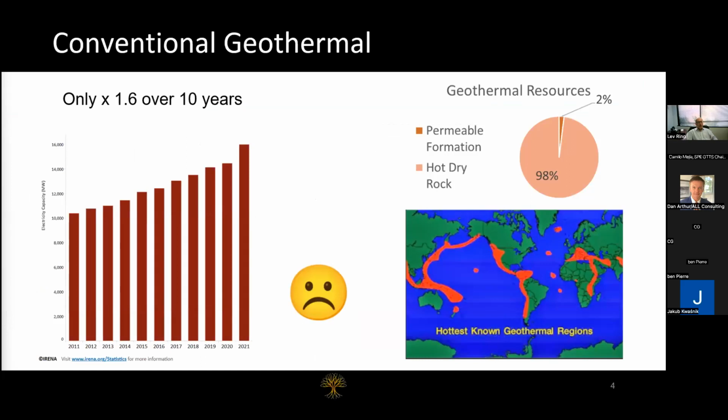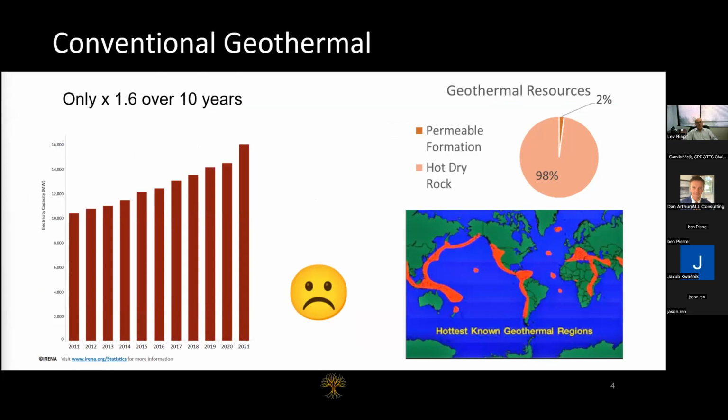So if you look at the growth of the geothermal industry, it's very disappointing. For the last 10 years, it added only 60% of capacity. If you compare with solar or wind, it's like nothing.